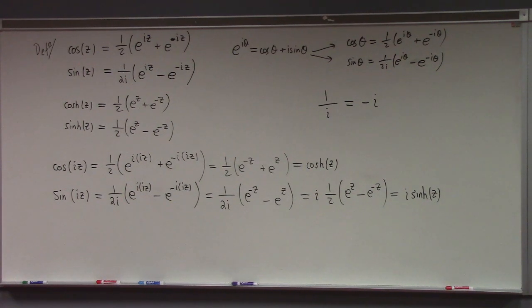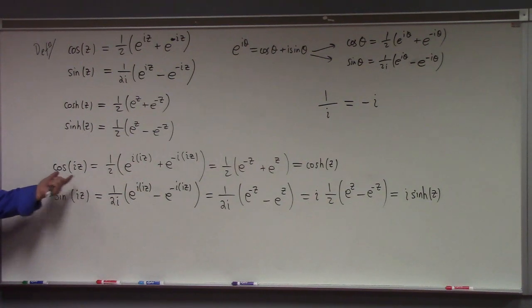Now, you'll have to take my word for it for the moment until you prove it in a future homework. So we're taking out a logical loan from one of your future homeworks. But this is sine of x cosine of iy, plus cosine of x times sine of iy. So the adding angles formula is actually still true. And guess what? We just worked out cosine and sine over here, right? So cosine of iy is what?